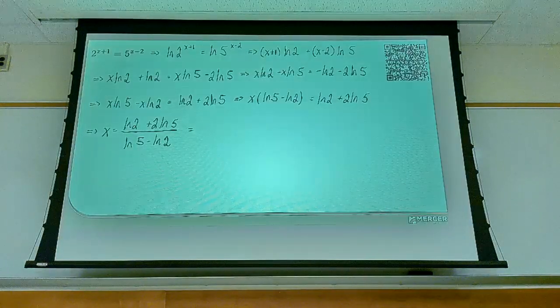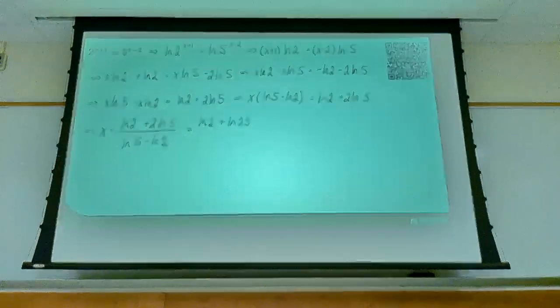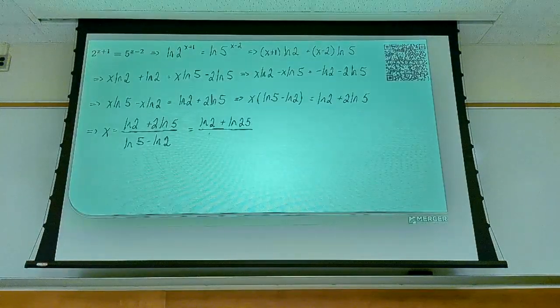I think what I'll do is just keep going, and I'll try and write this as a single log. Numerator, we had that 2 log 5, so we can use the power law: log of 5 squared. Denominator is a difference of logs, that's the quotient.